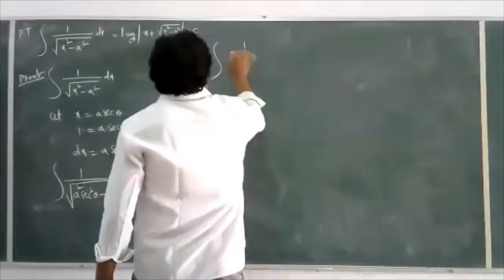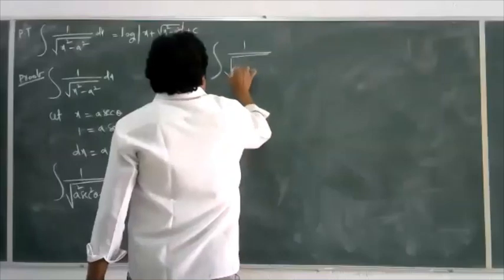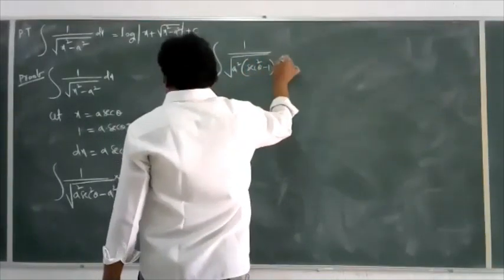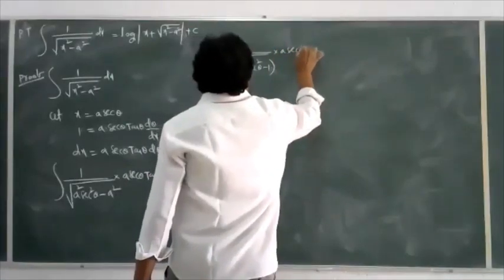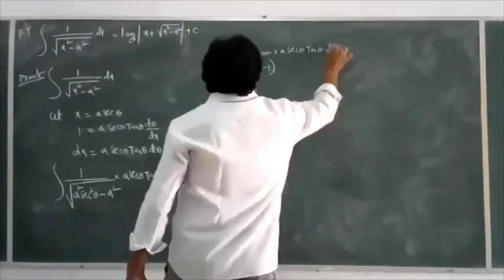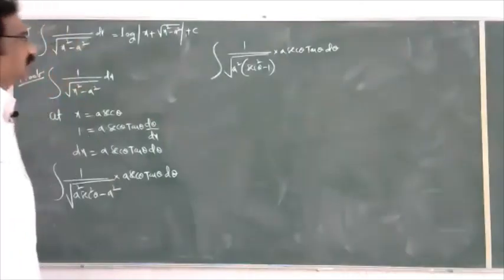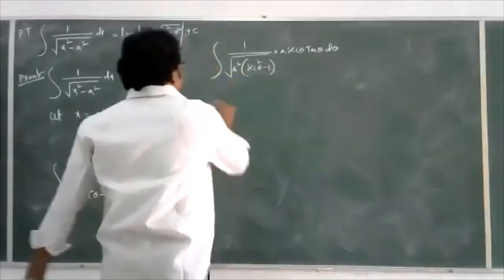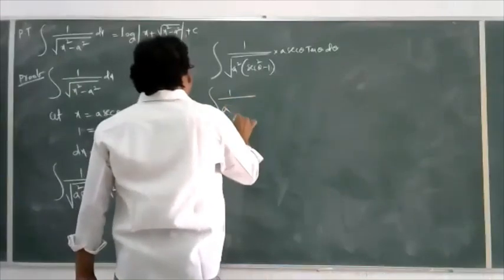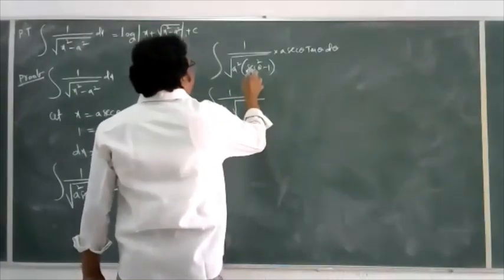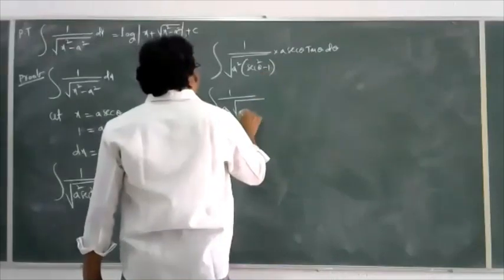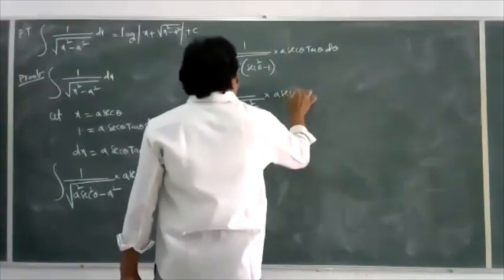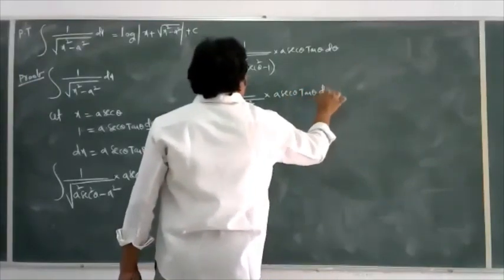That is integral 1 by root of a square, in the bracket you get secant square theta minus 1, into a secant theta tan theta d theta. Here root of a square is a. That is integral 1 by a into root of secant square theta minus 1, which is tan square theta, into a secant theta tan theta d theta.